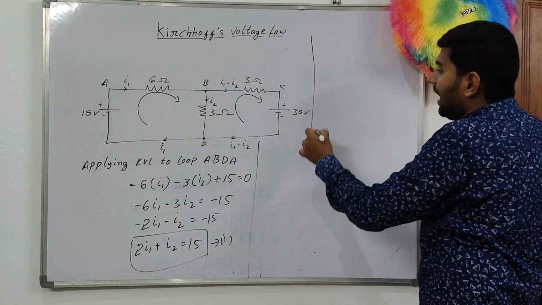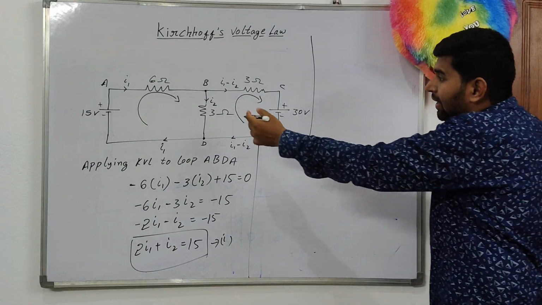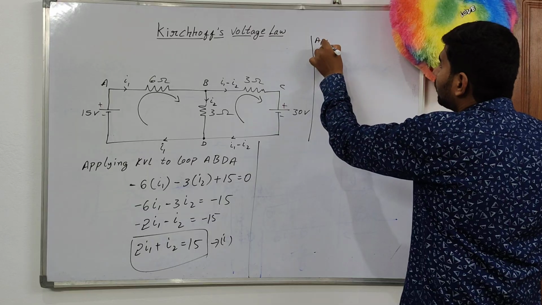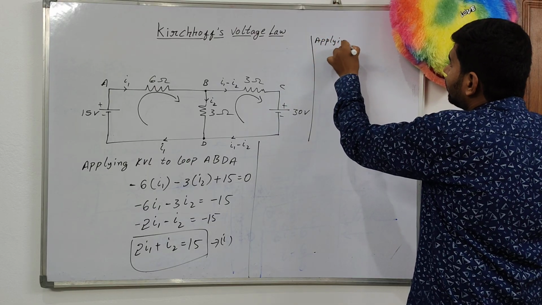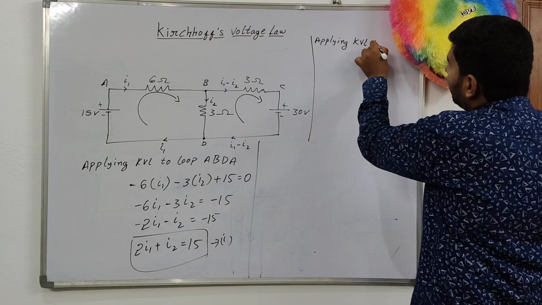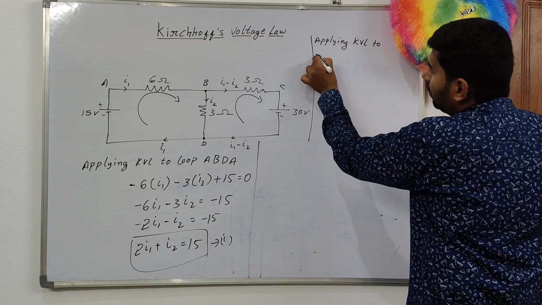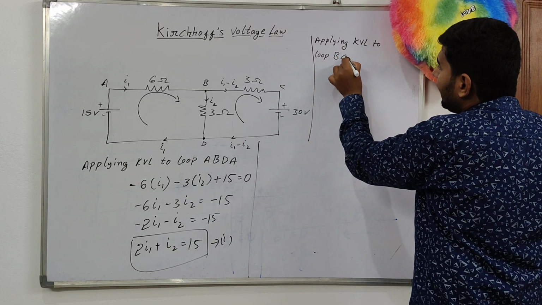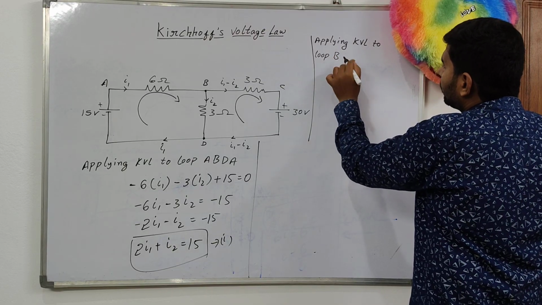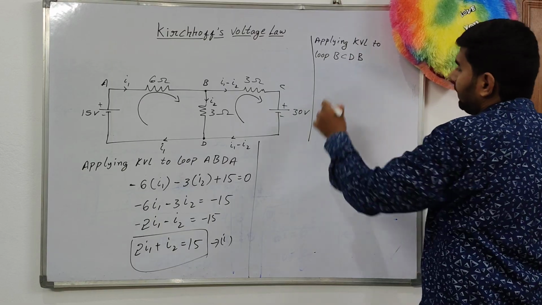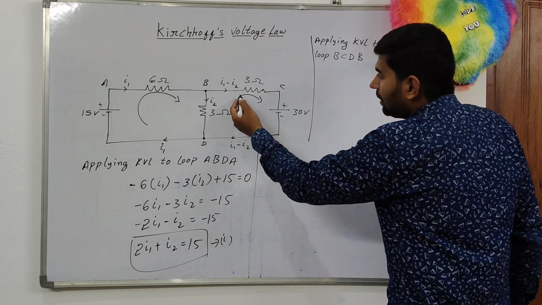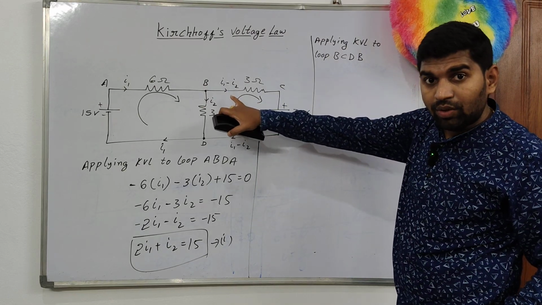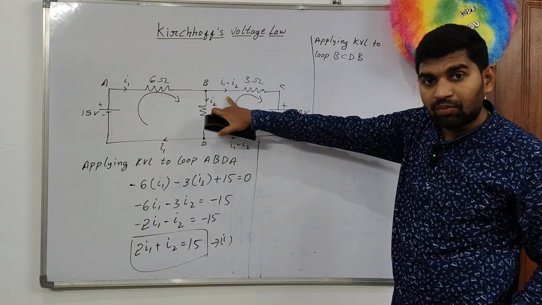In the same way, I have to apply KVL to the loop BCDB. Now, if you observe, the two directions are the same, meaning the traversing direction and the current direction are both the same.